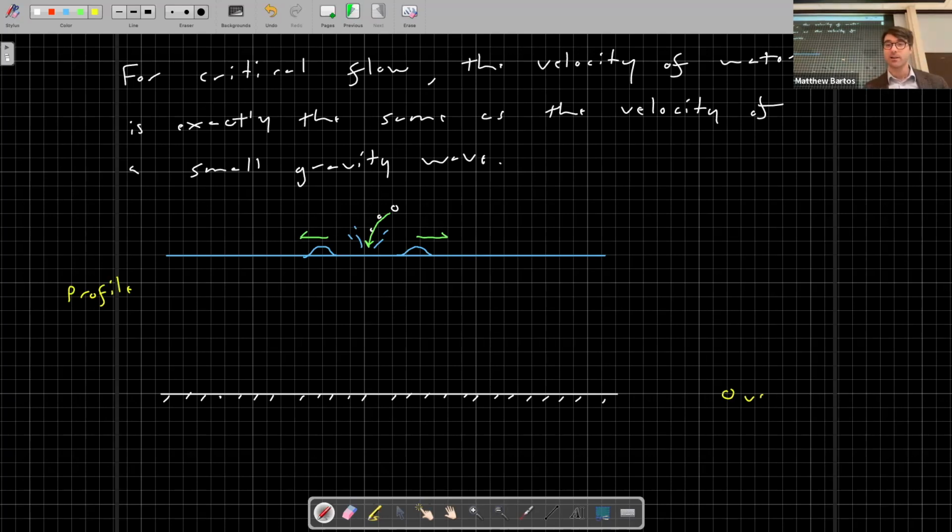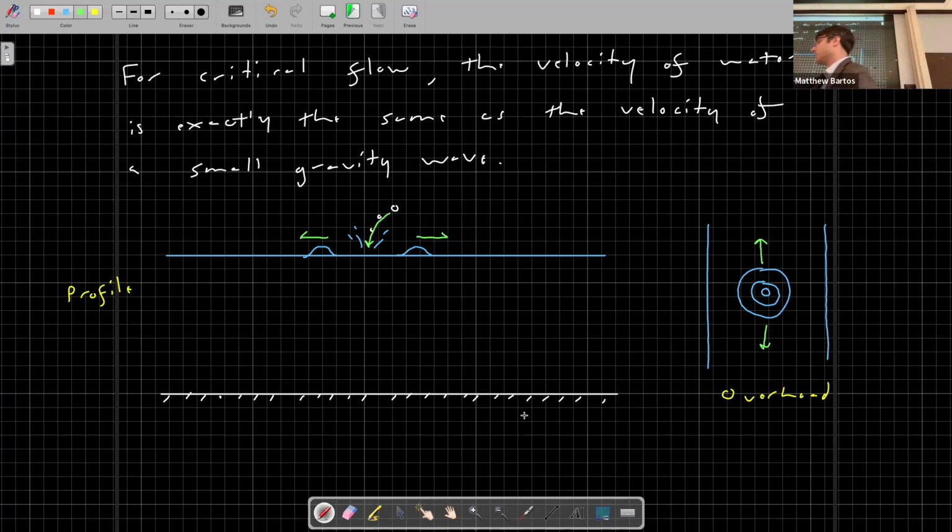Let's draw an overhead view as well. So we have our channel. When we throw in the pebble, we'll get a series of ripples that move in all directions. If we're just considering one dimension, they'll move in the upstream and downstream direction, respectively.